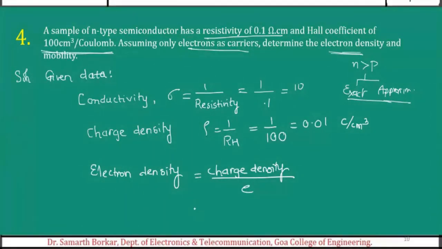That will give me the electron density. So it is charge density 10 to the power 4 divided by 1.602 into 10 to the power minus 19. This is 6.25 into 10 to the power 22 per meter cube from centimeter. And what is left is the mobility.